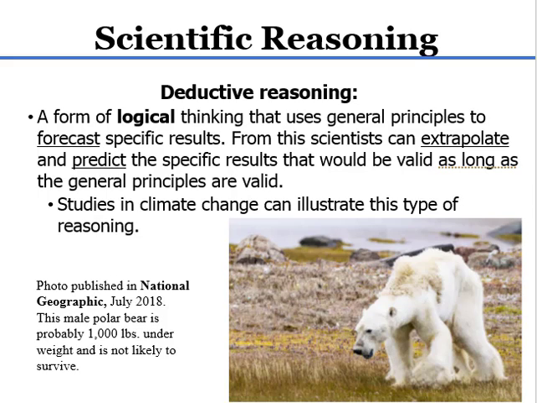Here we see a male polar bear that is approximately 1,000 pounds underweight. Why? Because of climate change. Do you see any snow in this photograph published in National Geographic from 2 summers ago? No, there is none. Therefore, we conclude that the bear can no longer hunt for food in his environment due to these environmental changes.